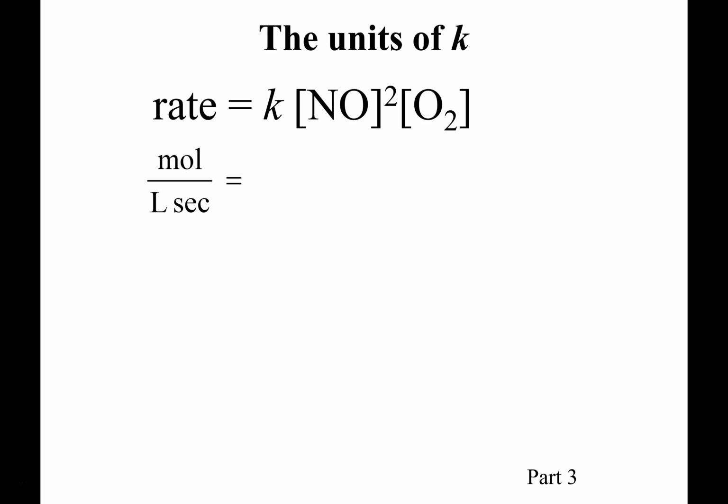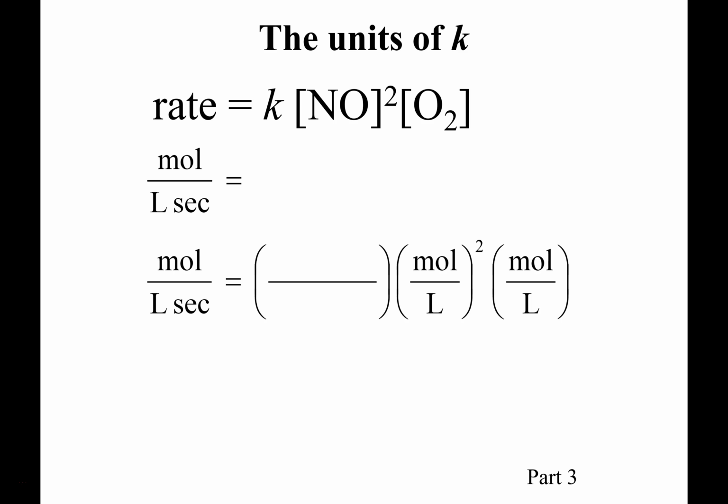And I was like, now how does that work? Well, this is how it works. If you ever have to think through what your units of K will be, notice that what's introduced by the NO squared is moles per liter squared. What's introduced by the molar concentration O2 is moles per liter. So this blank, whatever it is, needs to be such that we get moles per liter per second.